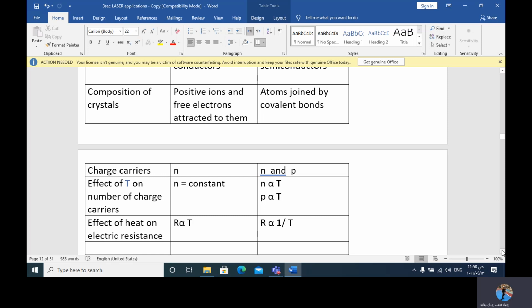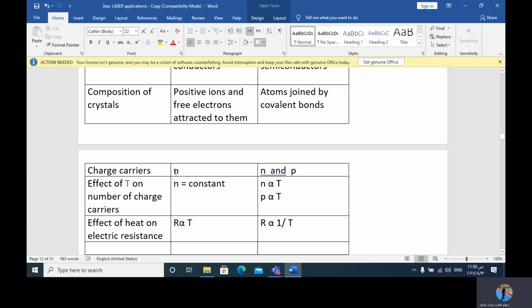Now, what do we mean by charge carriers? If conductors are allowed to conduct between two different places, like the electric current has to go through them, you have a charge carrier which carries the electric charge, and this charge is carried by N. What we mean by N here is negatively charged particles, meaning electrons.